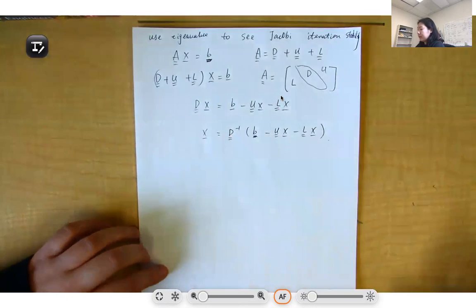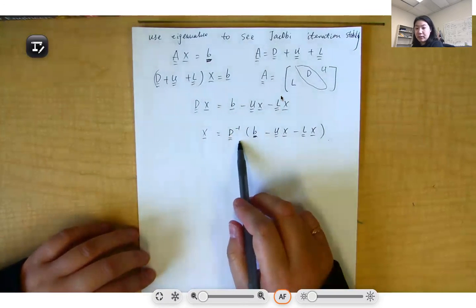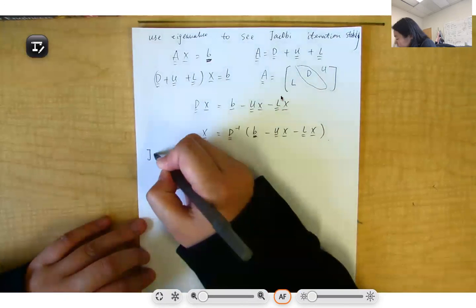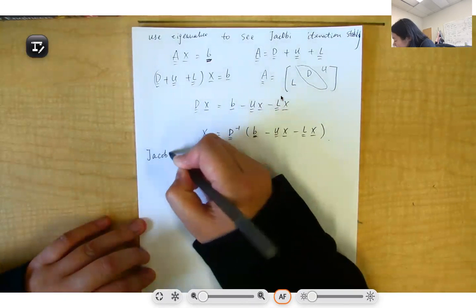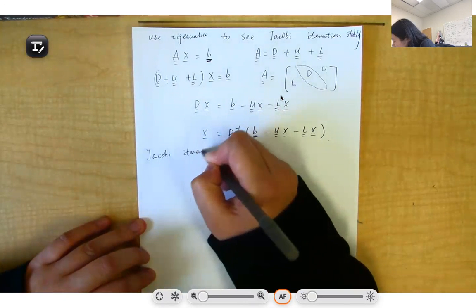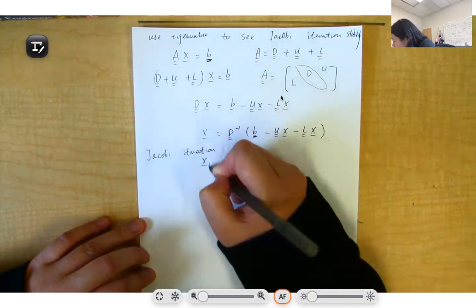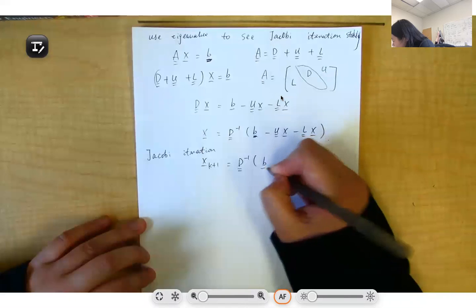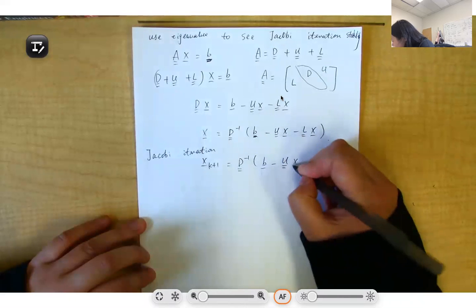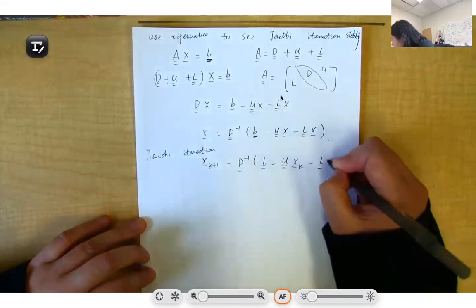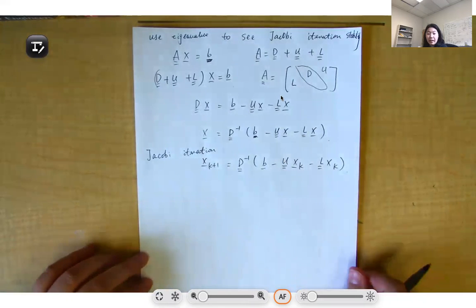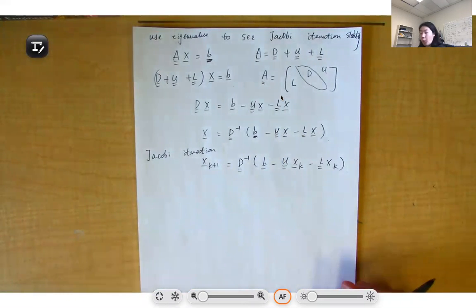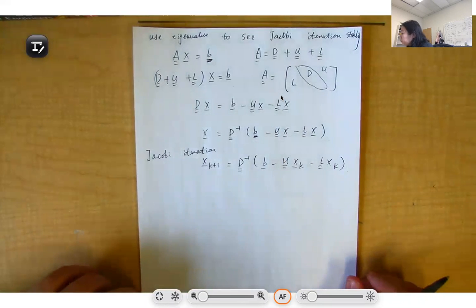And we can write this as a Jacobi iteration, where x k plus 1 equals D inverse times (B minus U xk minus L xk). So that is actually the matrix form of the Jacobi iteration.